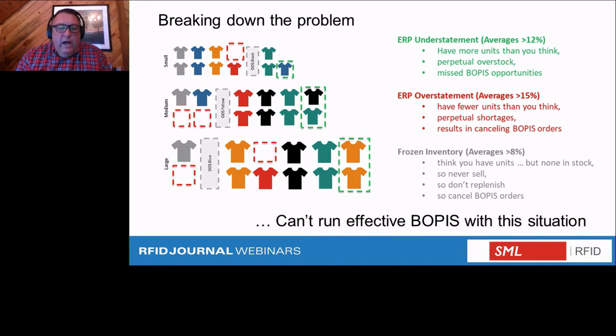So the green boxes around the items represent this. You actually have 3 of the blue small t-shirts. You think you only have 2. The problem with this is that this is a perpetual overstock situation. The other problem with this is related to BOPIS: this is a third t-shirt that you could expose to an online order that you don't know is even there, so you don't know that you can expose it, especially if you have a threshold.